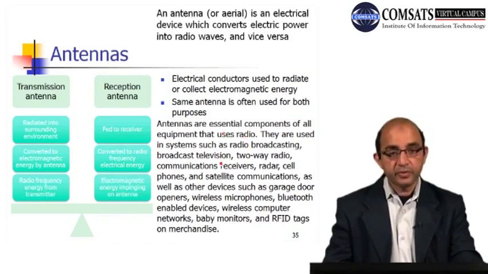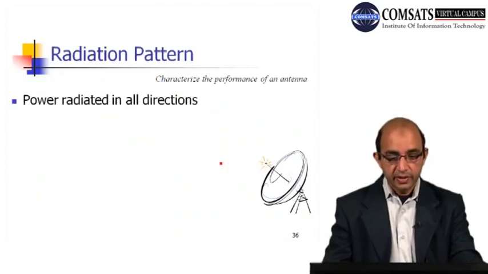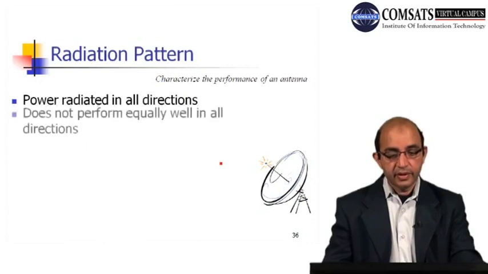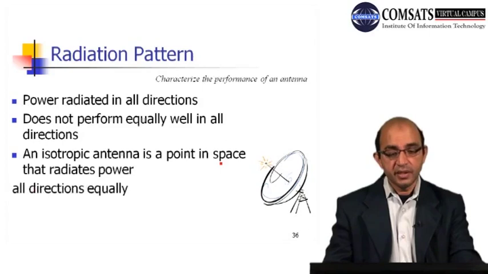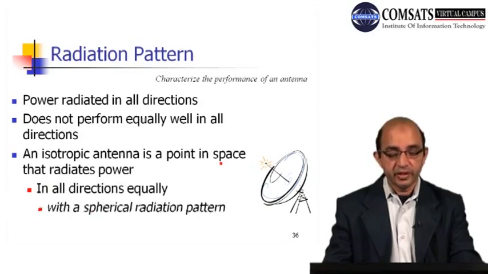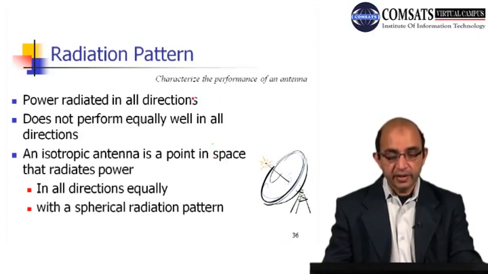We have different types of antennas, omnidirectional and directional. In order to characterize the performance of an antenna, we need to know the radiation pattern. Some antennas radiate in all directions, omnidirectional, but they do not perform well in all directions.